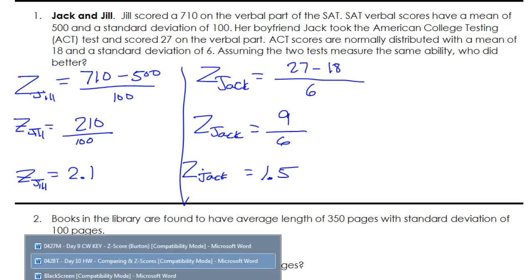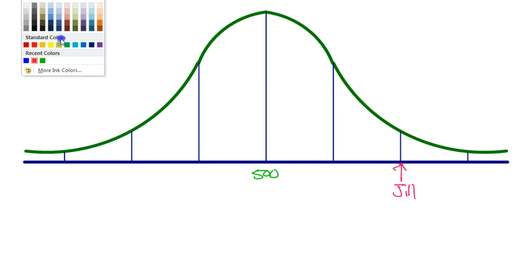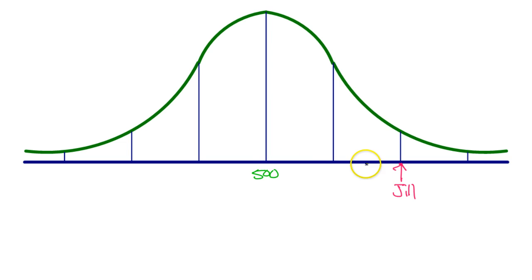So let's look back at our normal curve. Here's one standard deviation. So Jack scored 1.5 standard deviations above the mean. I'll show Jack here in blue. So here's Jack, at 1.5 standard deviations, and Jill's here at 2.1 standard deviations above the mean.